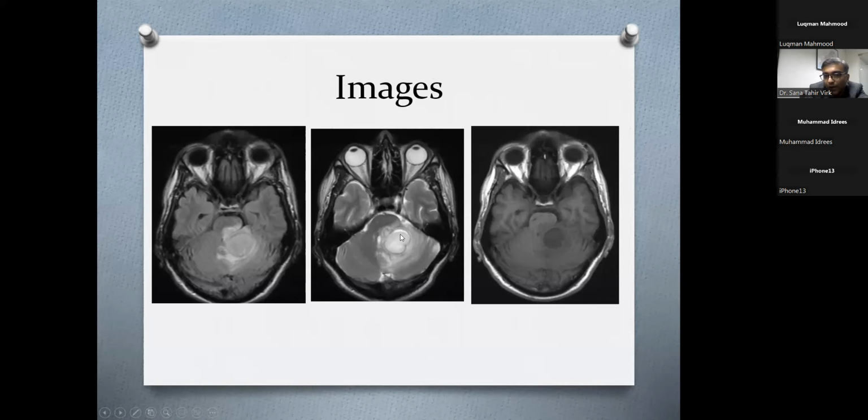The whole lesion is bright on T2. And if we look closely, there is a thin hypointense rim all around it, and the same lesion appears hypointense on T1 image.